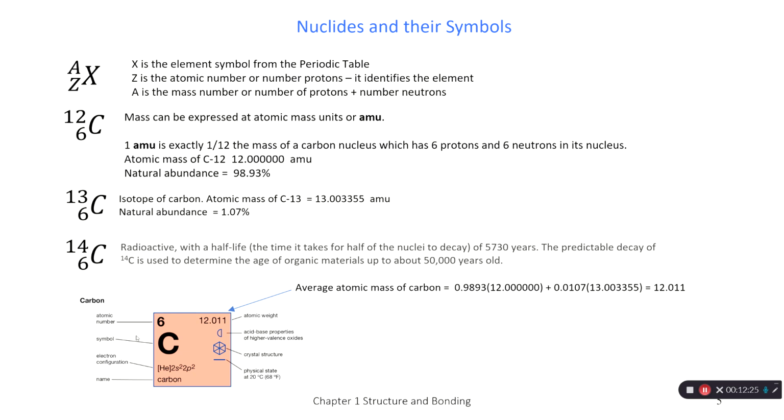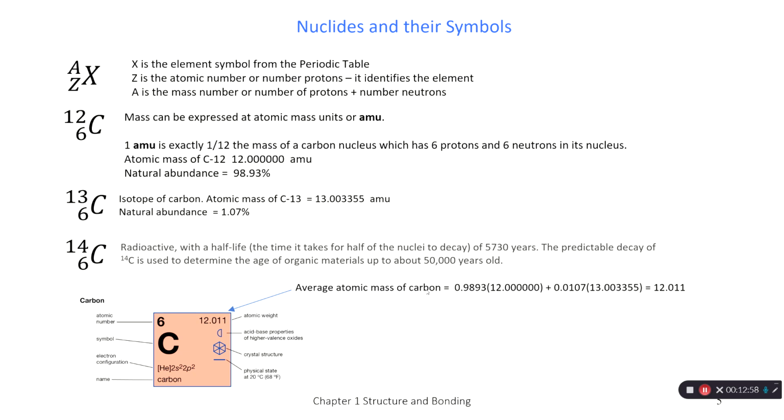So if we look at the periodic table, here's a section of it showing carbon. You'll notice the atomic number is 6 protons. Here's the symbol. Here is the electron configuration. We're going to talk about that a little bit. And its physical state, its crystal structure. But here's an important thing here. What's the atomic weight? Well, the atomic weight of carbon on the periodic table is 12.011. And remember that this is an average atomic mass of carbon.